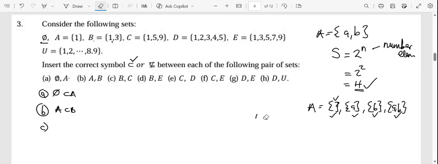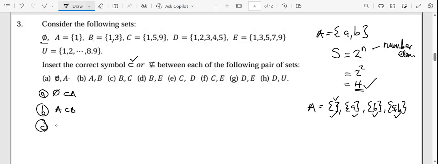Yes, so what will be the answer? We have this set and this set. Between these two options, which one are we putting?